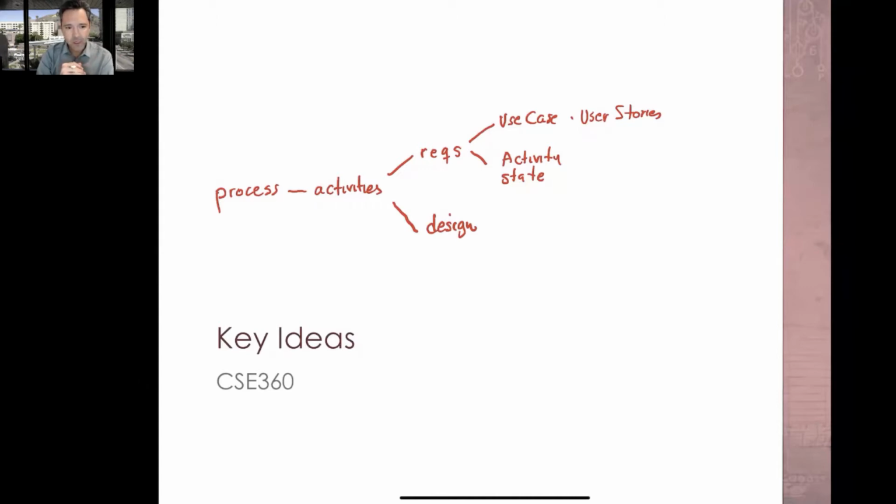Anyway, for the design, one thing that we already reviewed is that the key element for the design is another diagram, the class diagram. Basically, you create a design and you show that design with a class diagram.